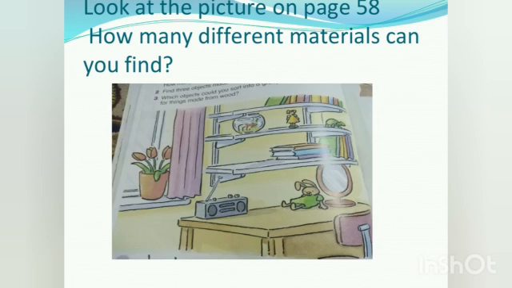Like previously, I have told you what are the materials which are made up of glass, wood, or plastic. You are supposed to divide them into different groups. Please do so and write it in your notebook or on page 58 of your book.